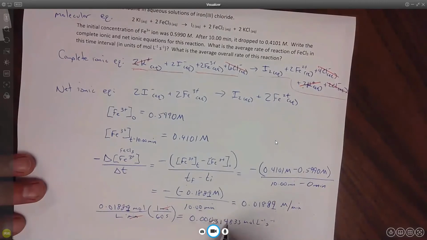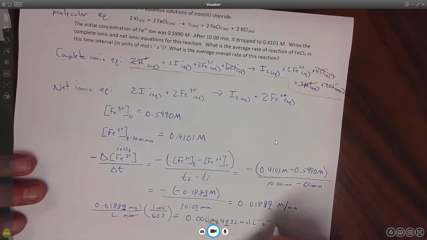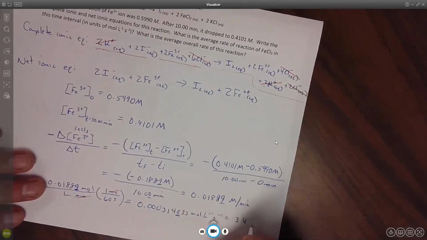So 1, 2, 3, 4. And so this is equal to 3.148 times 10 to the negative 4, and the units again would be moles per liter per second.